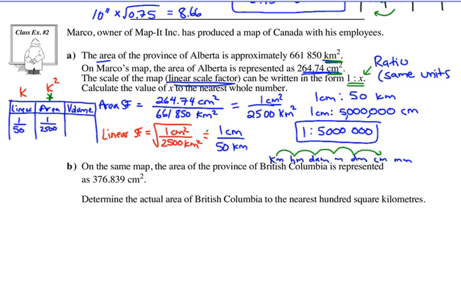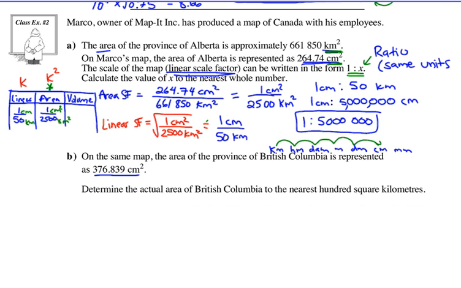That was our linear scale factor. Now, one thing I should add on my little chart is 1 centimeter squared was 2,500 kilometers squared. And 1 centimeter is exactly 50 kilometers, because it was a rate and not a ratio.